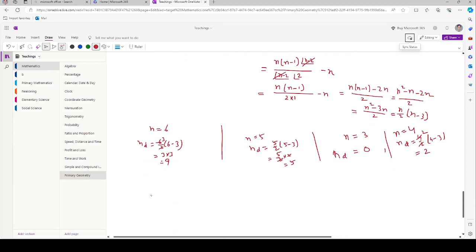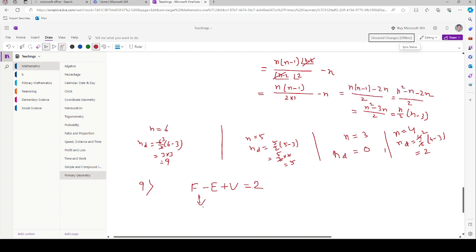Now, another important relation, that is F minus E plus V equals 2, where F, E, V are the standard notation.